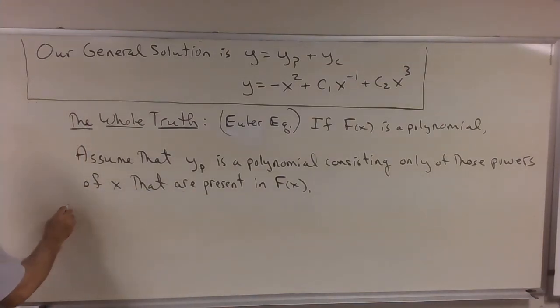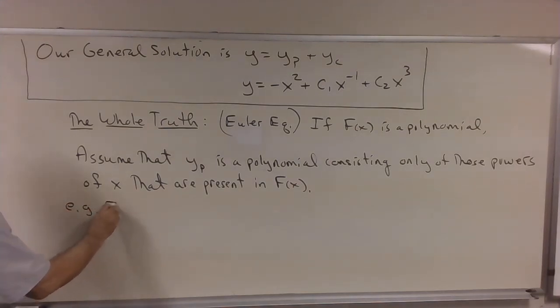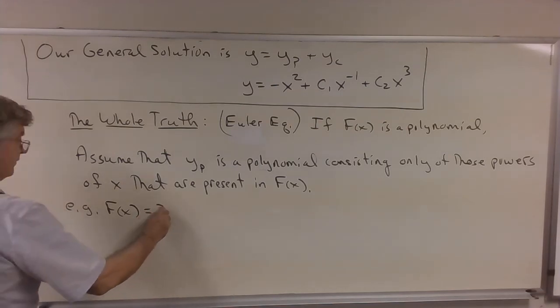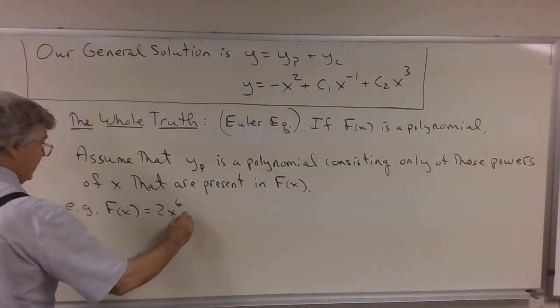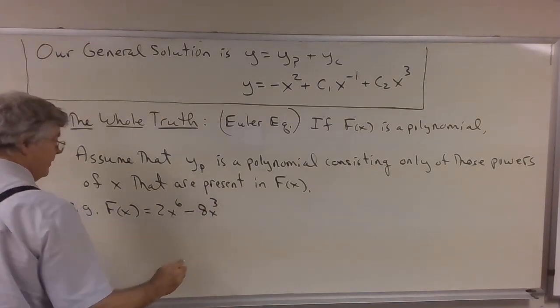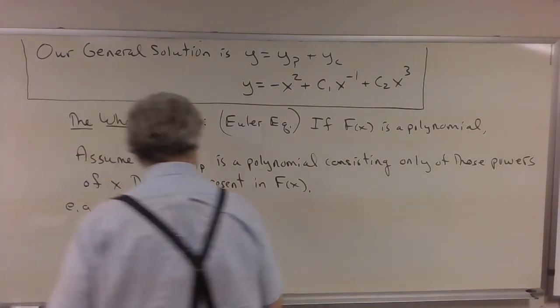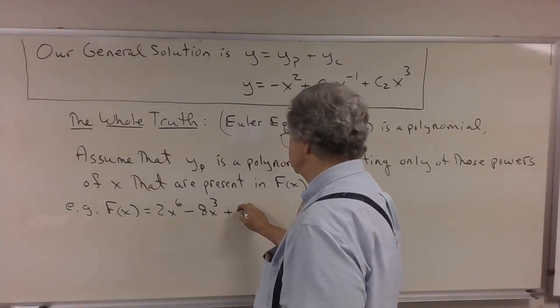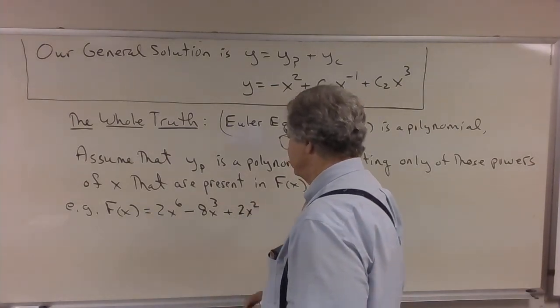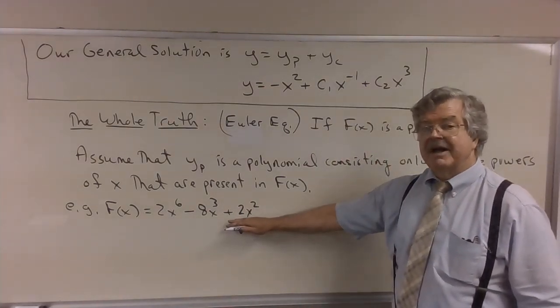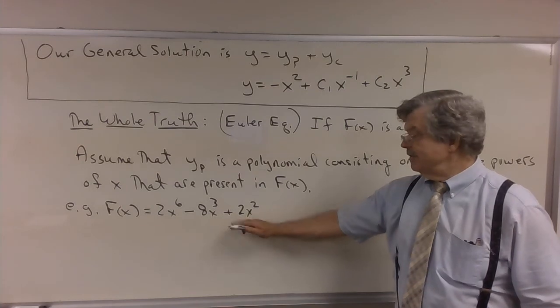For example, the right-hand side looks like this. That's the right side of our Euler equation.